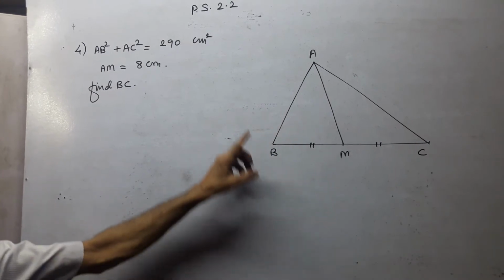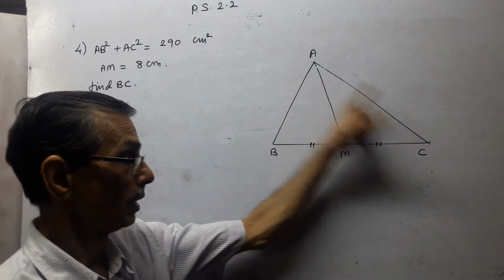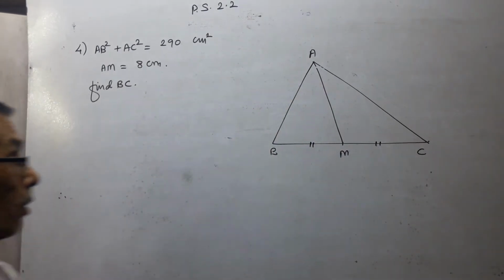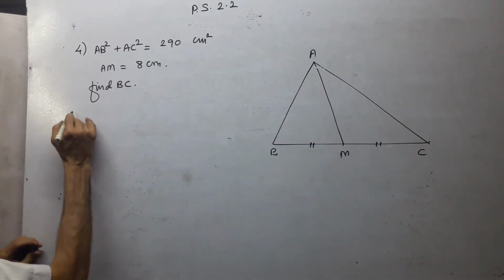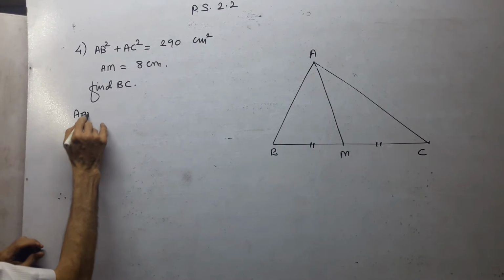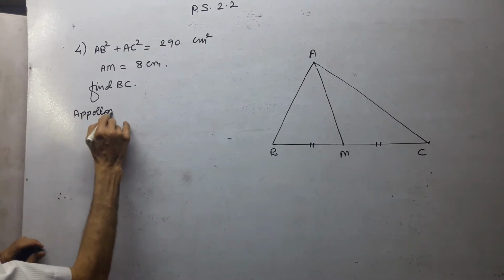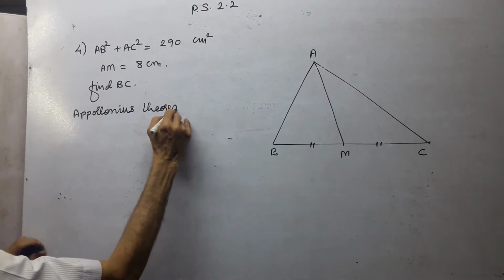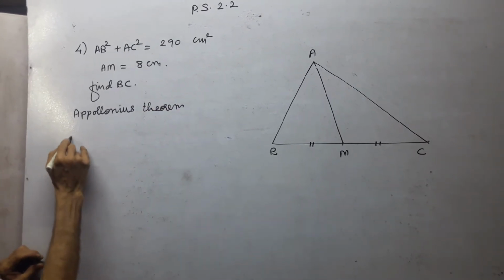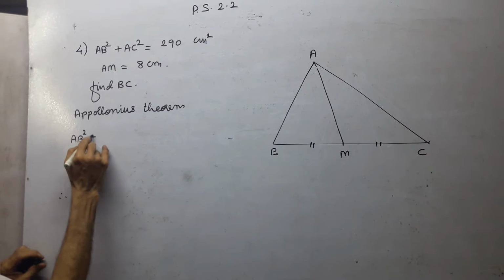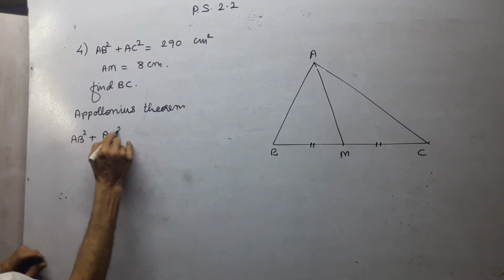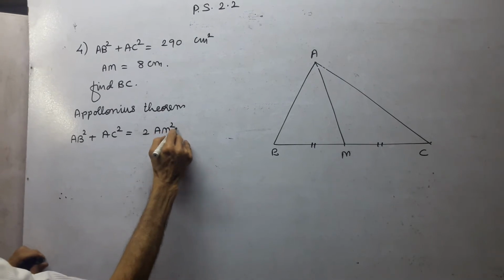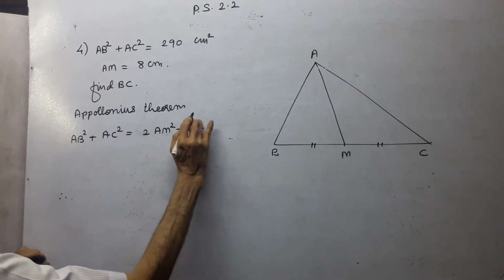We know that the triangle has three sides, AB, AC and BC, of which BC is divided, and therefore according to Apollonius theorem, we can write AB square plus AC square is equal to 2 AM square plus 2 BM square.